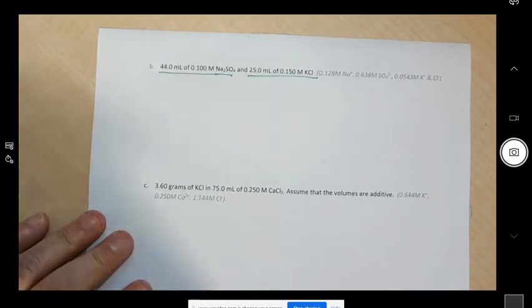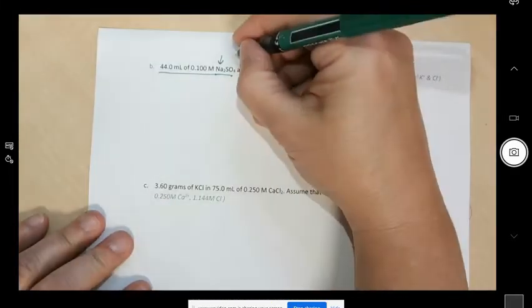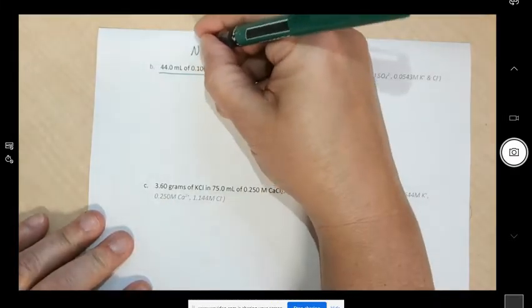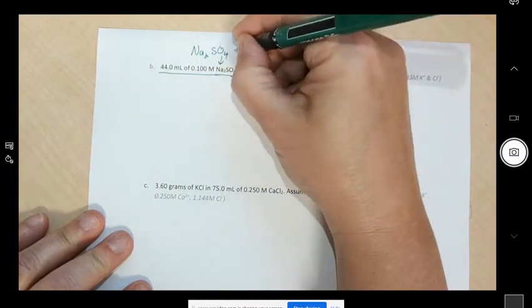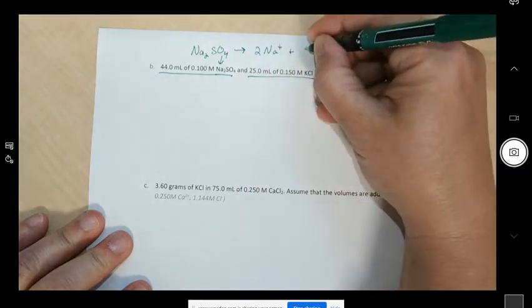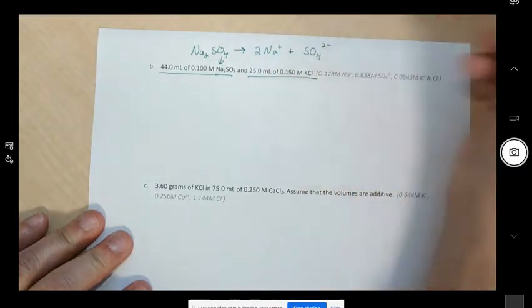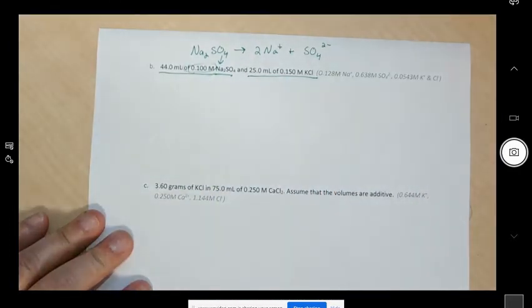The only little twist is that for every 1 unit of Na2SO4, we're going to produce 2 Na+ and 1 SO4 2-. You have to remember that because the concentration of Na+ is going to double.